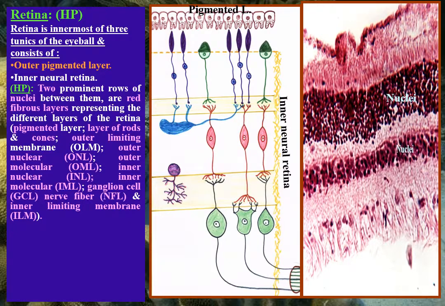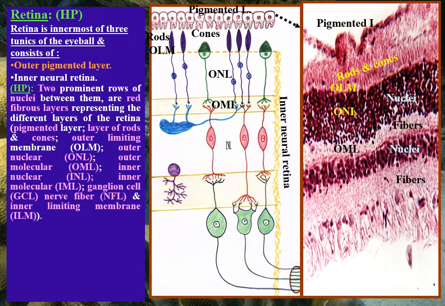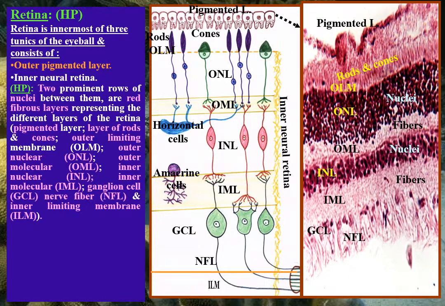Between them are red fibrous layers, representing the different layers of the retina, which are pigmented layer, layer of rods and cones, outer limiting membrane, outer nuclear layer, outer molecular layer, inner nuclear layer, inner molecular layer, ganglion cell layer, nerve fiber layer, and inner limiting membrane.